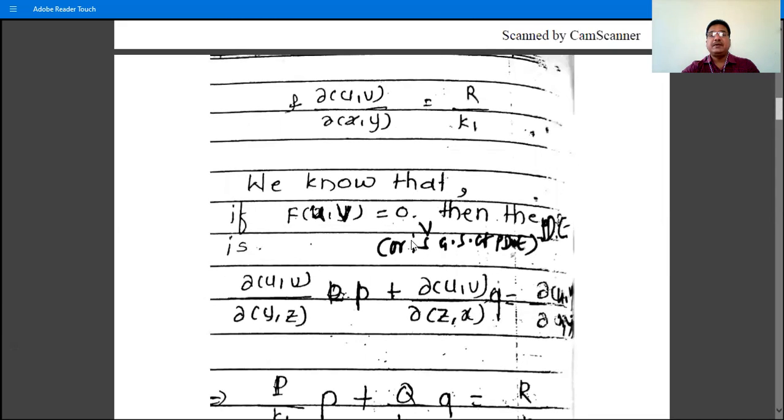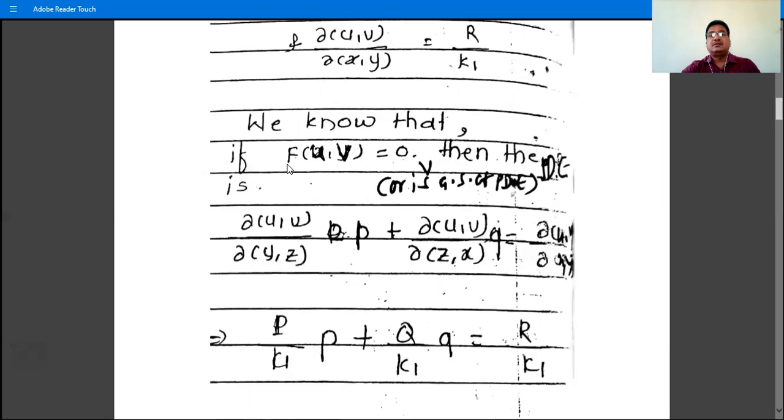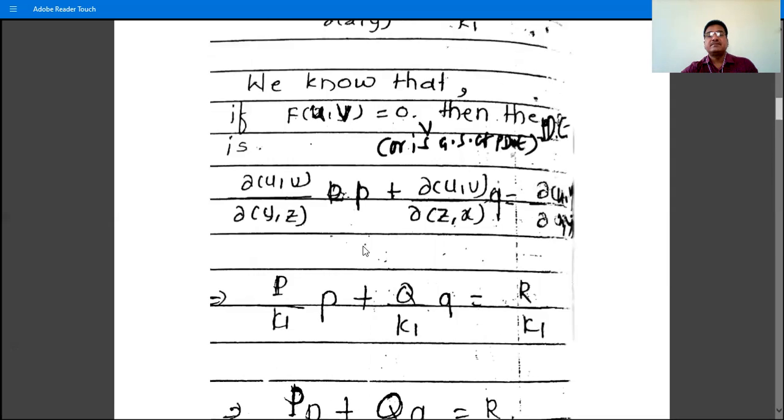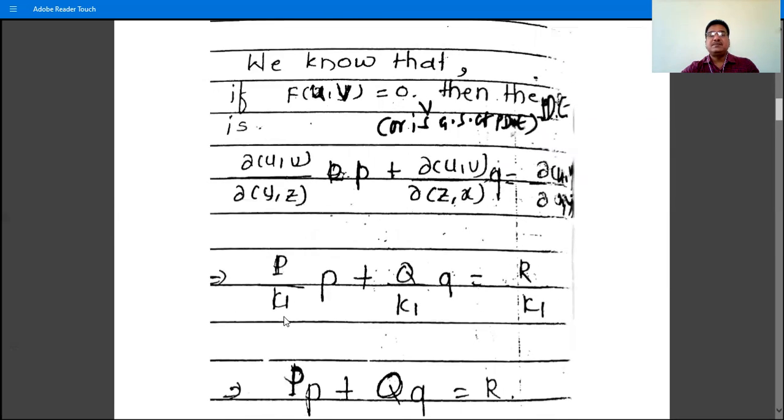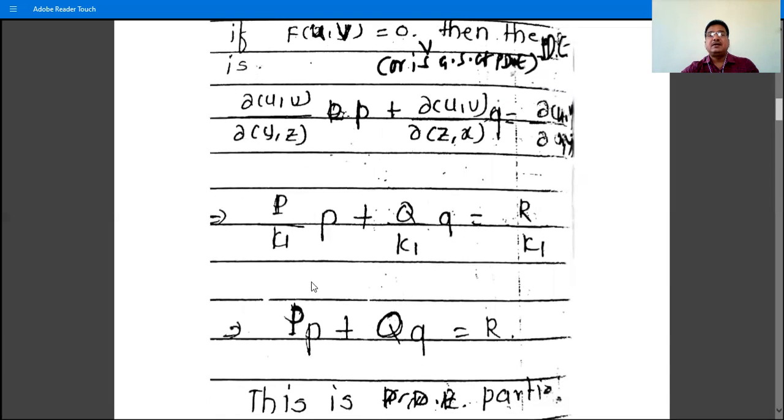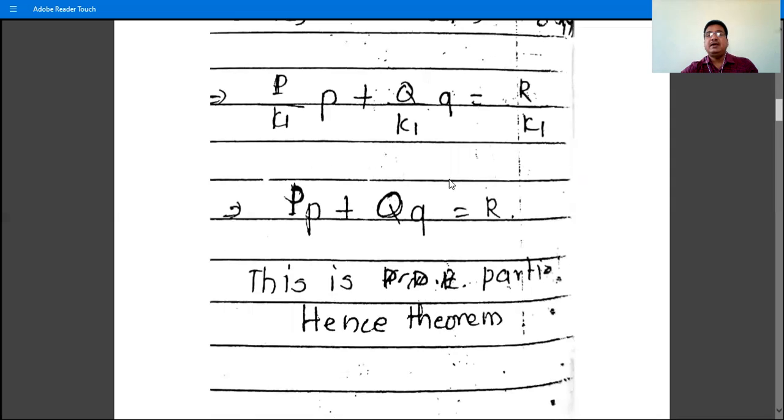So in the previous topic, the theorem is that f(u,v) = 0 is the general solution of the partial differential equation. Then the corresponding equation is this, and substituting ∂(u,v)/∂(y,z) as P/k1, this as Q/k1, and this as R/k1, and then multiplying by k1, we have Pp + Qq = R.